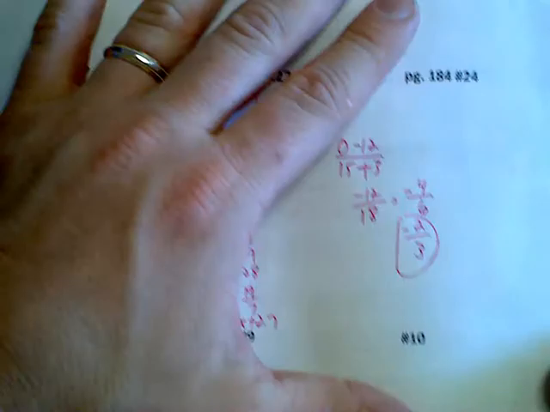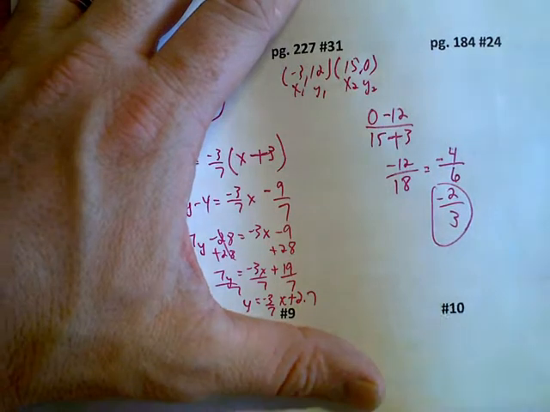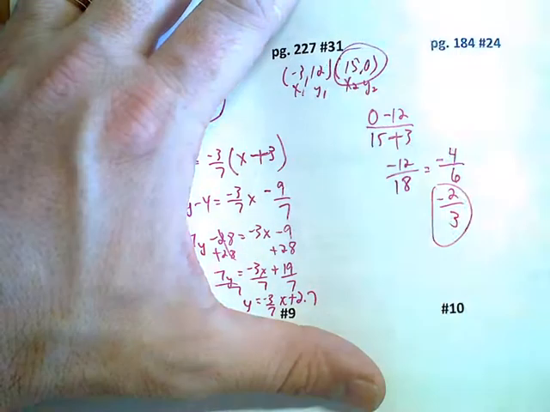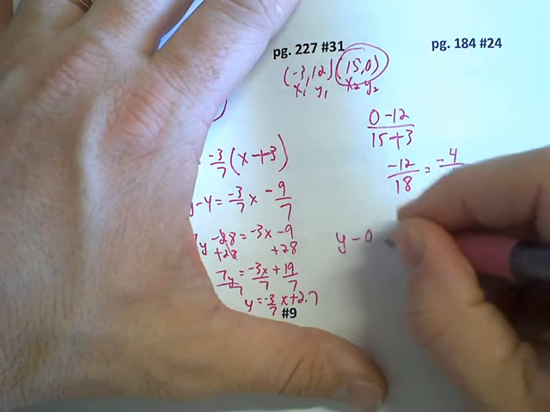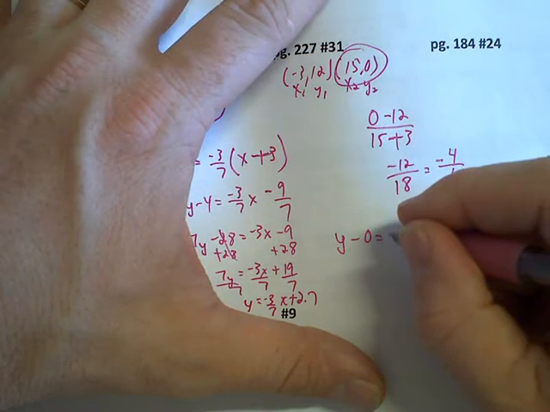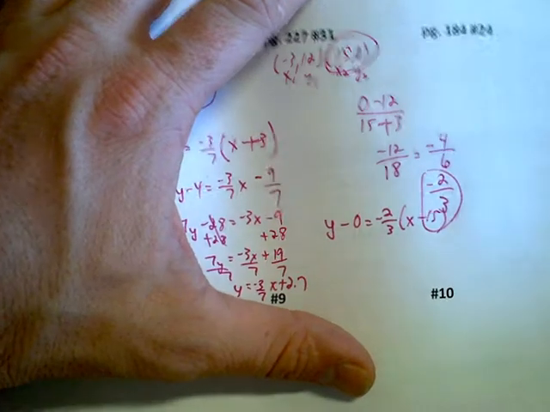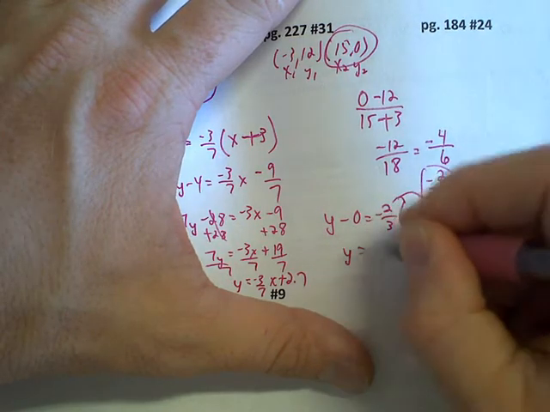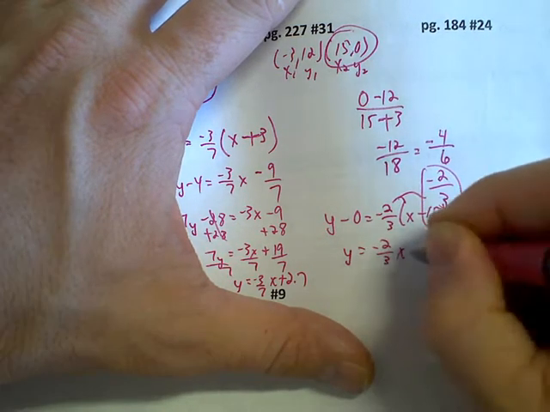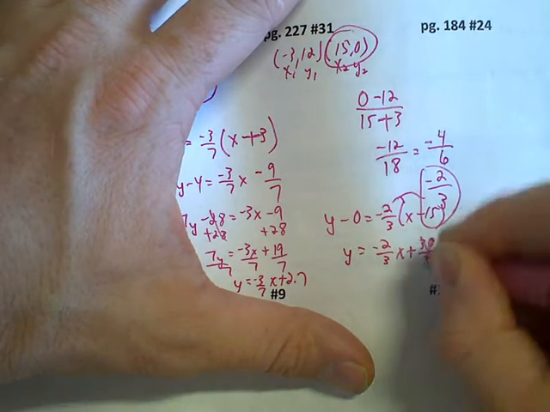So that's what my slope reduces to. So I'm going to use my slope, and I'm actually going to use this point because this point's easier. So y minus my y value, 0, equals negative 2/3 x minus 15. So if I distribute, I get y equals negative 2/3 x plus 30 over 3. 30 over 3 becomes 10.